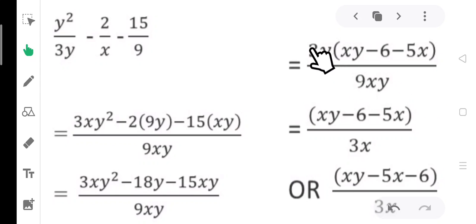Okay. Then, we could rewrite this one into... no, not yet. So, I am going to cancel the common factor in the numerator and denominator. Since for 3y in the numerator and 9xy in the denominator, we could see common factor 3y. So, 3y divided by 3y, that is 1. So, this becomes 1. And then, 9xy divided by 3y, this becomes 3x.